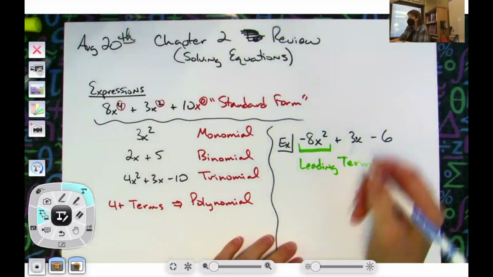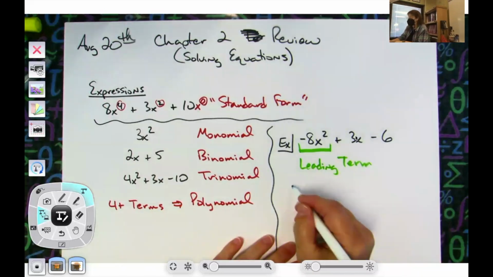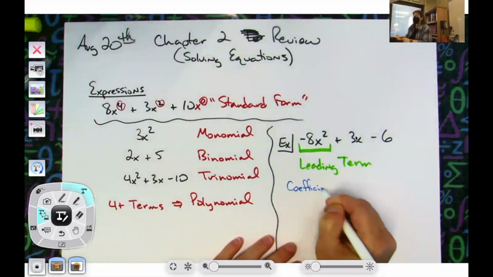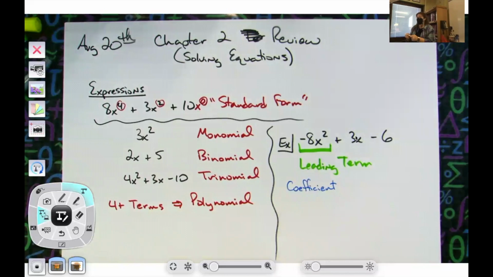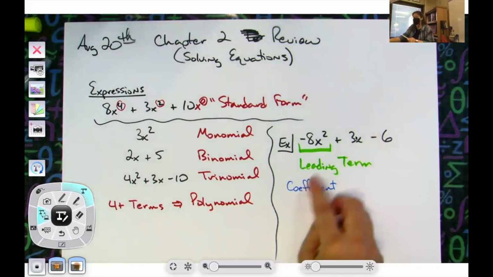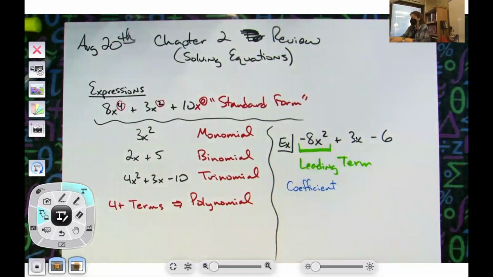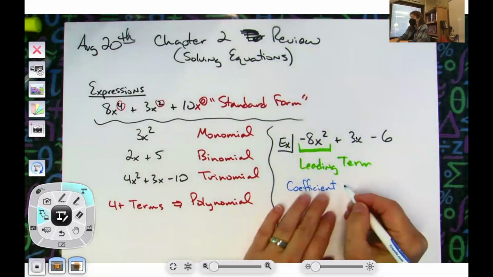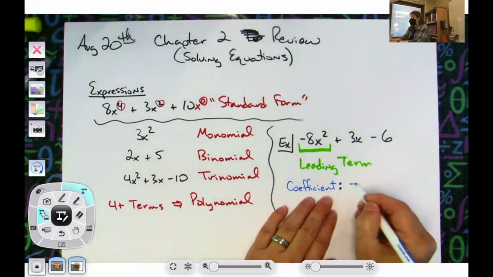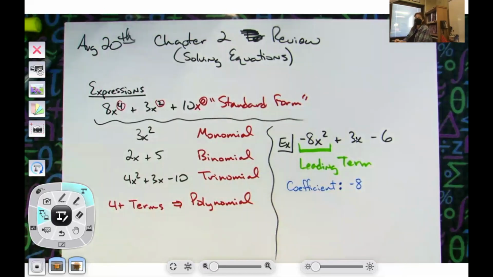I can tell that the coefficient is what? Coefficient is not the -6, but -6 is something else and it starts with a C, so you're getting close. The coefficient of this leading term is the -8. So the coefficient is -8. It's the number in front.